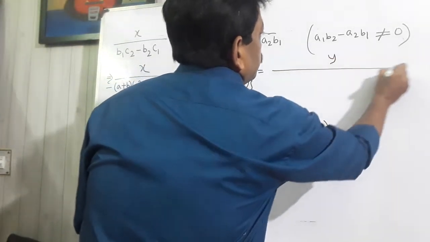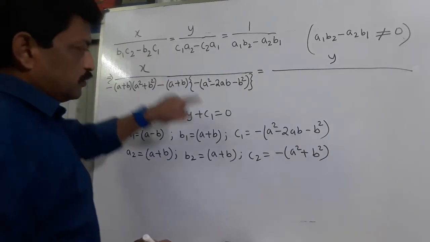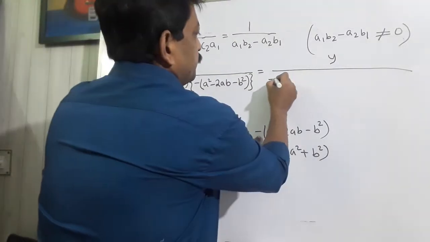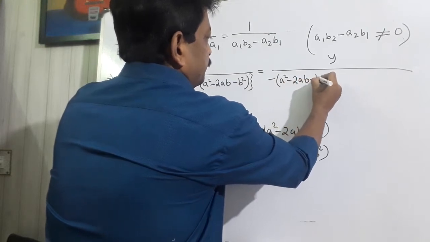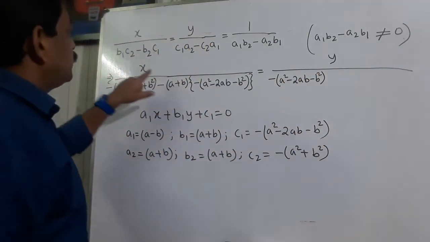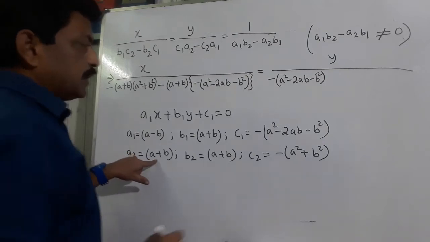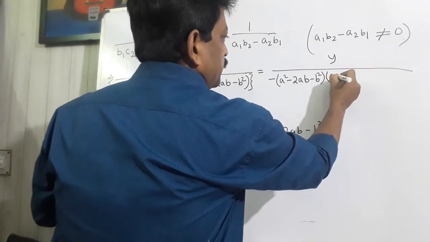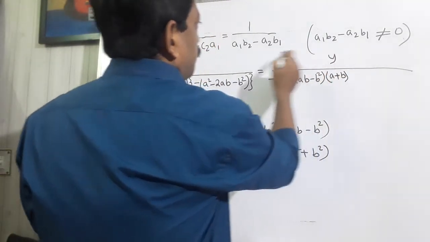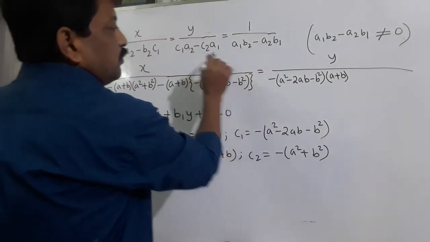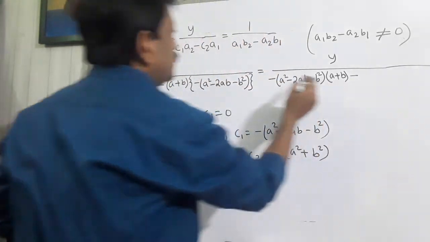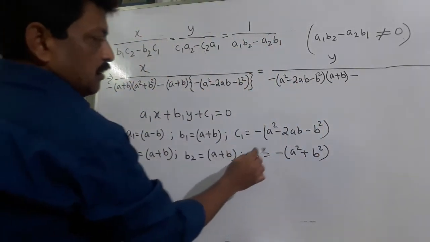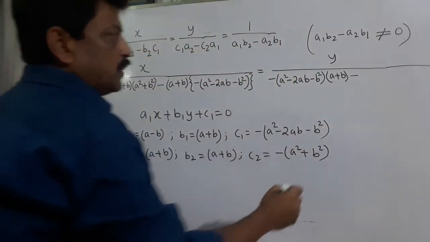Y by c1a2. c1 is minus (a square minus 2ab plus b square) and a2 is a plus b. So a plus b straight away here, minus c2a1. c2 is minus of (a square plus b square).